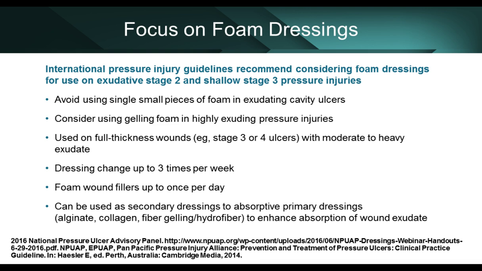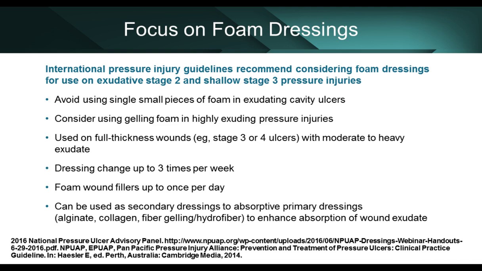But we want to focus a little bit on our foam dressings because we do have new evidence related to them. International pressure injury guidelines recommend considering foam dressings for use on exudative stage 2 and shallow stage 3 pressure injuries. You want to make sure that you're using just the minimum number of dressings when you're packing a deep cavitary type wound. You don't want to lose anything in these wounds.